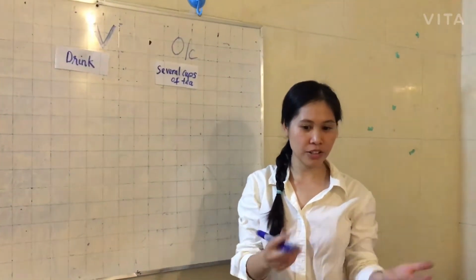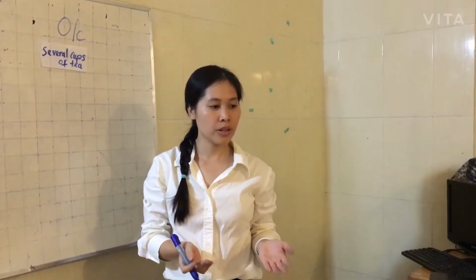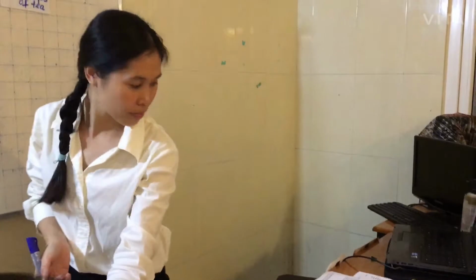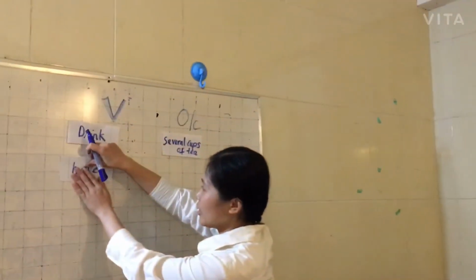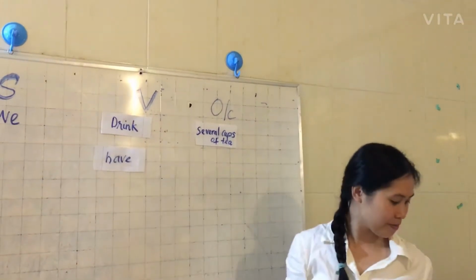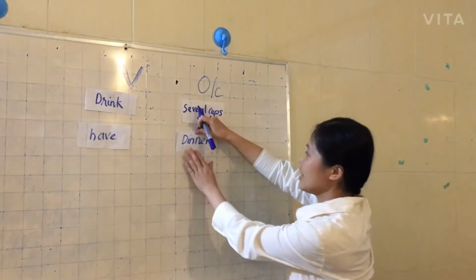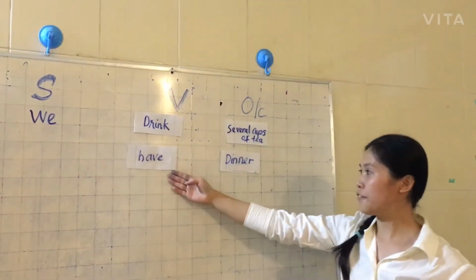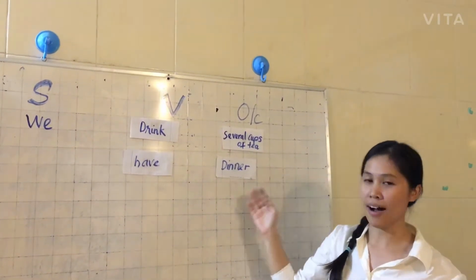Another verb in the text that you read. You may find that we have what? Breakfast or dinner. So subject we, verb have, and object is dinner. So we have dinner.